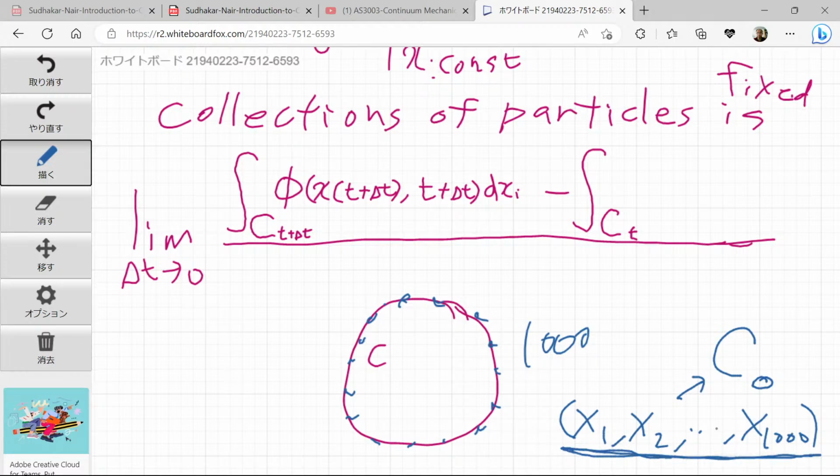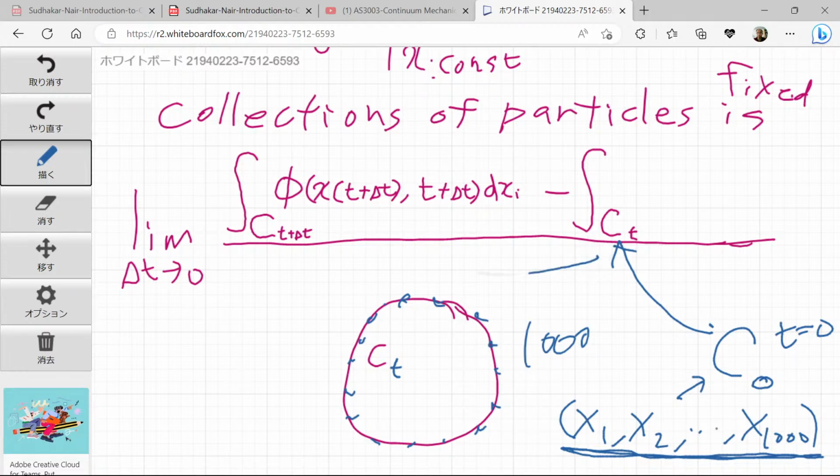At t equals 0 this is the contour. Then it goes to another contour, for example Ct, so the 1000 particles make some kind of line or curve.